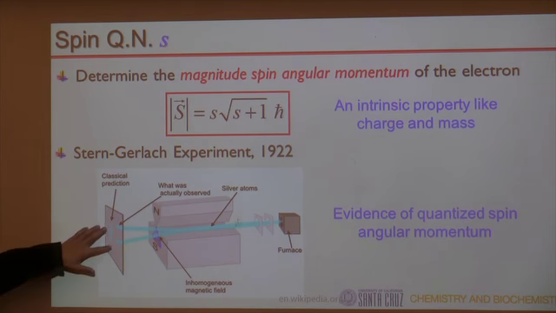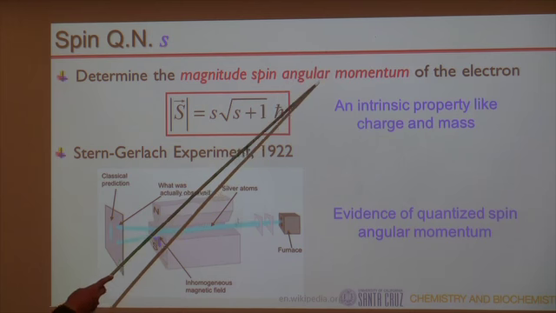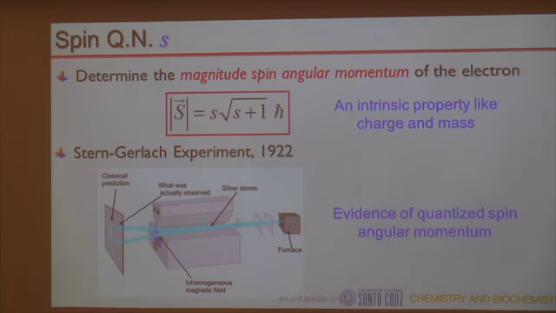So this simply means the spin angular momentum is quantized. It's not continuous, as people thought before. It's just quantized, so there are only two individual states. Based on this experiment, they concluded the electron should have spin and spin angular momentum.